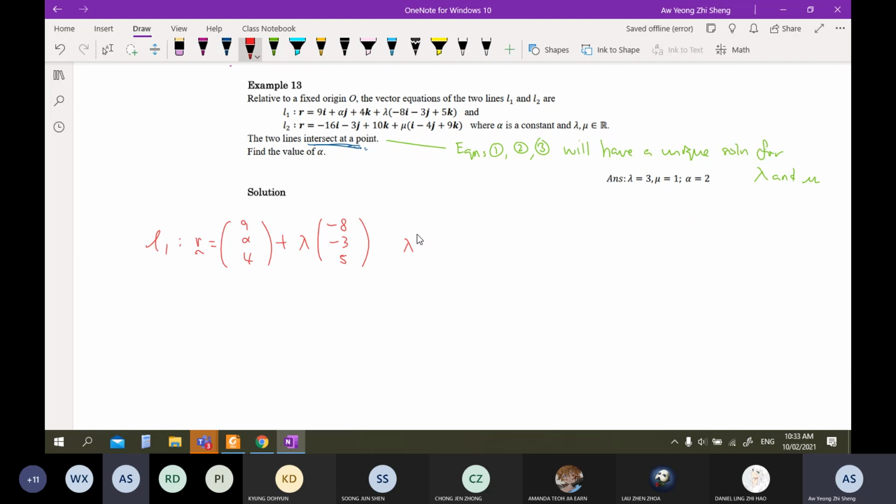Actually they give us lambda, mu in R. I think I told you before, sometimes the exam question may omit mentioning lambda in R. Even if they don't mention this, it's understood that lambda is a parameter that takes all real values. L2 is r equals (-16, -3, 10) plus mu (1, -4, 9), mu in R.